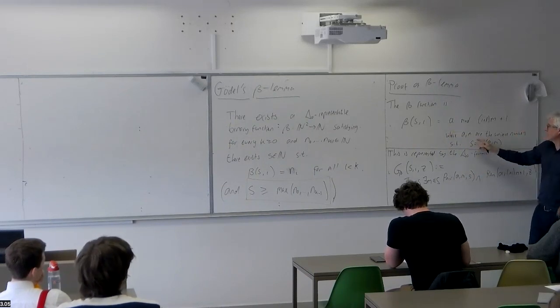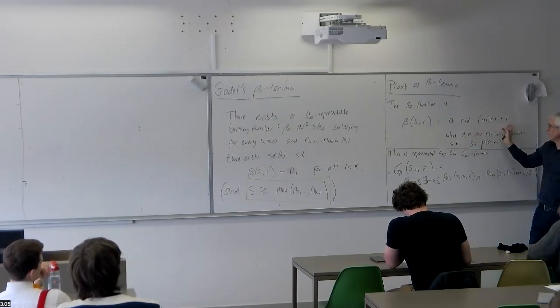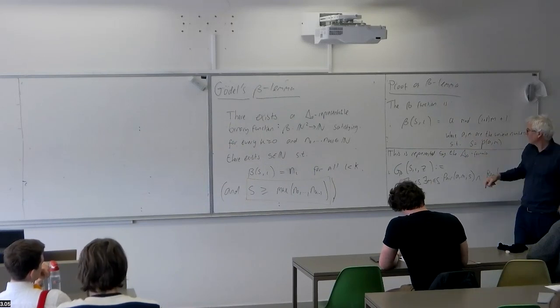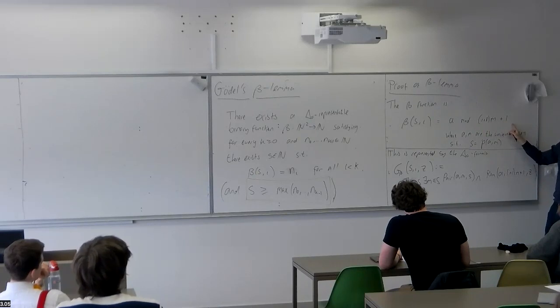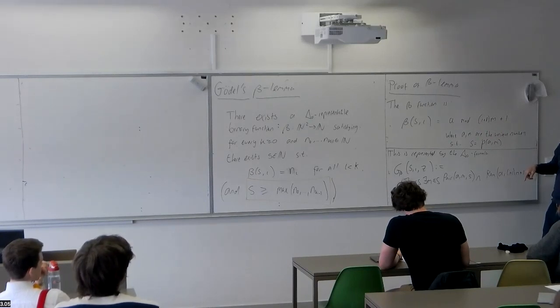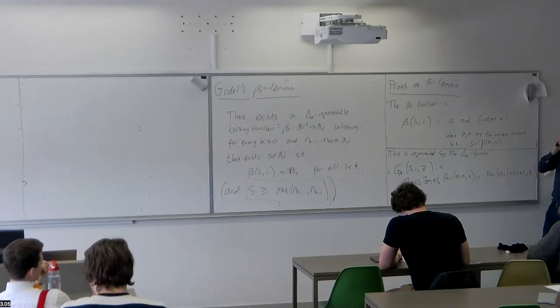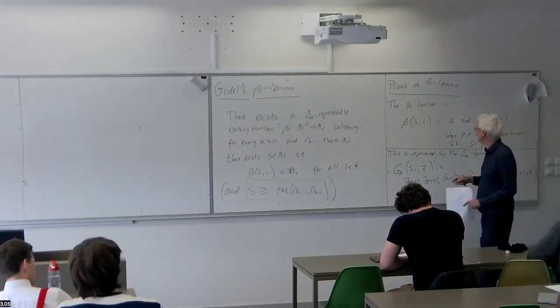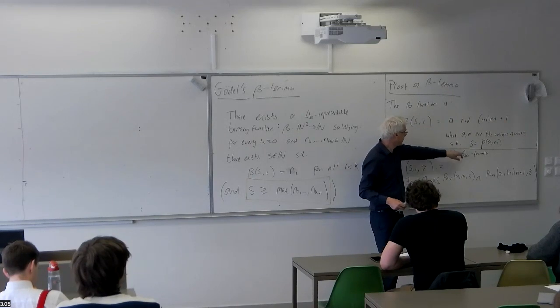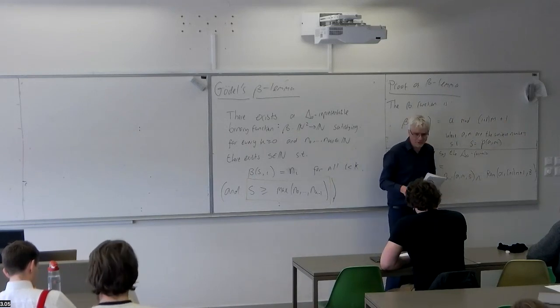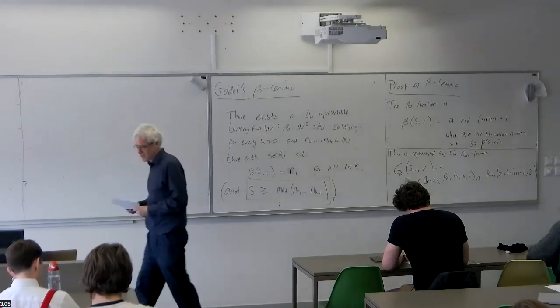S is a pair of something, and we're taking A modulo this number, and it's clear that the value of the sequence is always less than or equal to A. Oh no, hang on. The value of the sequence is clearly less than or equal to A, and S is greater than or equal to A, because the pairing function increases values.